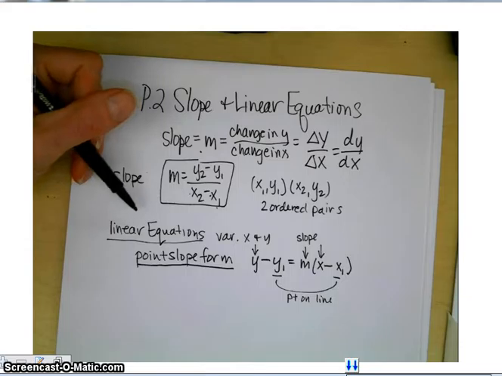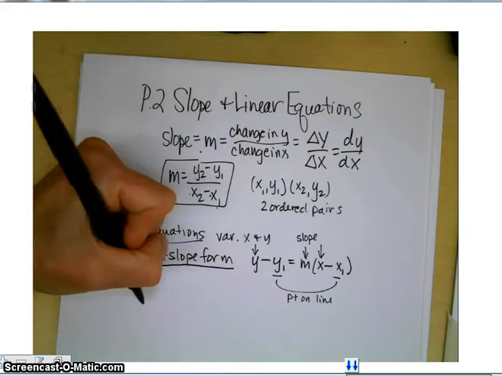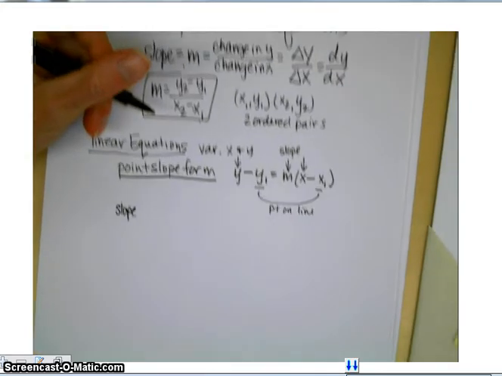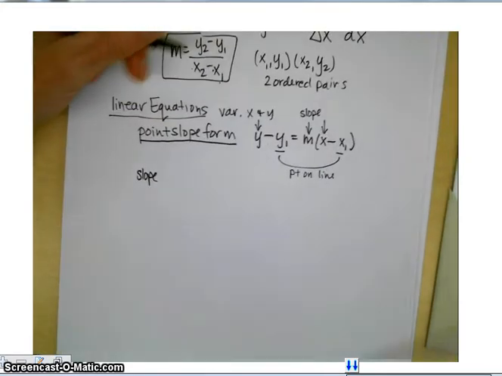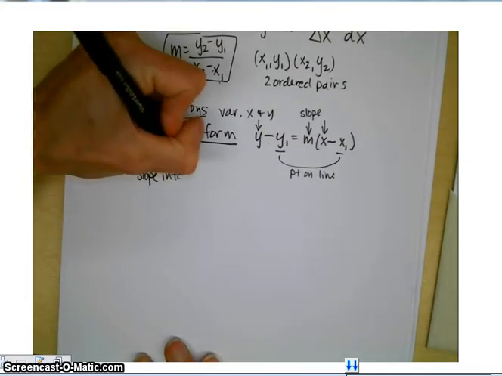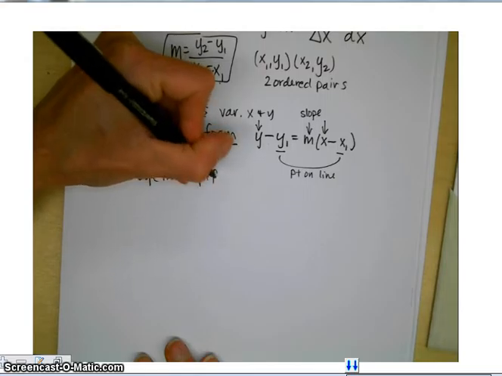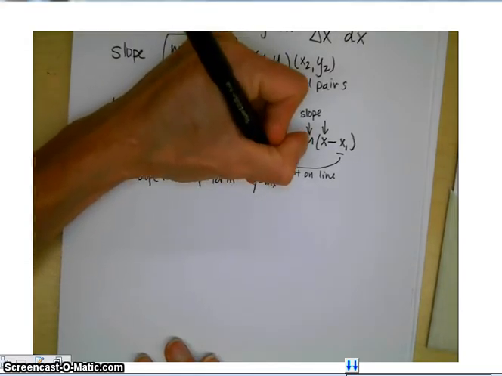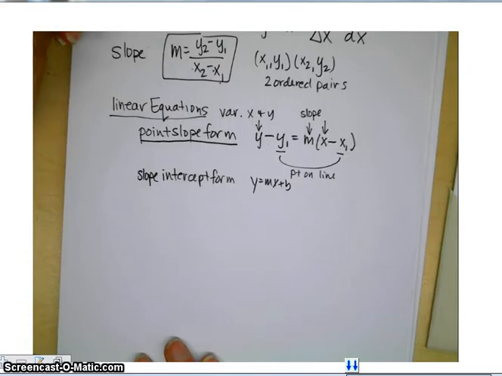Okay? Now here's the form of a linear equation that you should recognize the most. It's slope-intercept form, and that's y equals mx plus b. You recognize that? Okay.